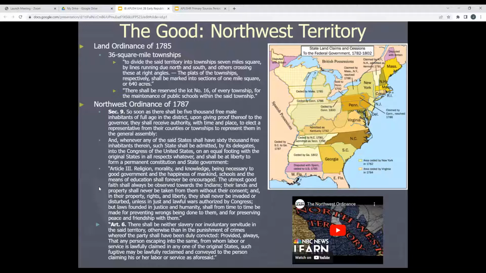Connecticut, similar to Massachusetts. The settlers that arrive in the Northwest Territory are going to be originating from New England, the northern section of the country. And they do not abide by slavery. They're going to come and say, we're going to do this on our own. So there is a social and cultural foundation being established in the Northwest Territory already.